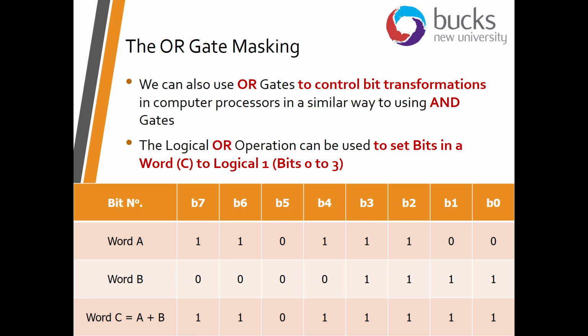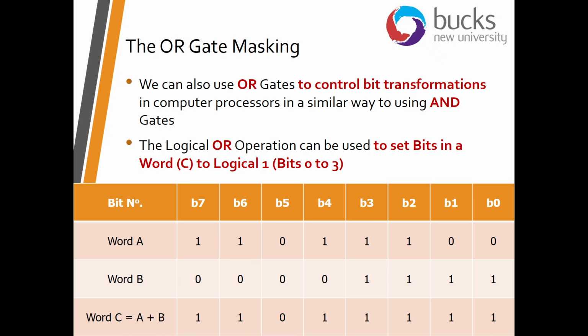In an OR operation, where you have 1s, you must have 1s coming out on the other side as the F output. So when we set our masking word B to all 1s in the first 4 bits on the right-hand side, what we got on the word C output was all 1s as well.